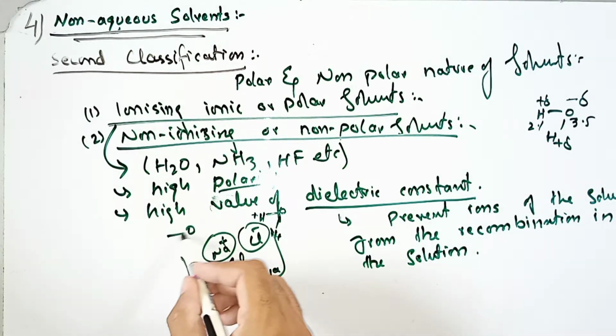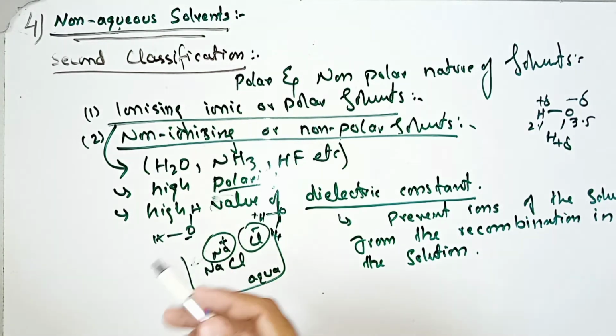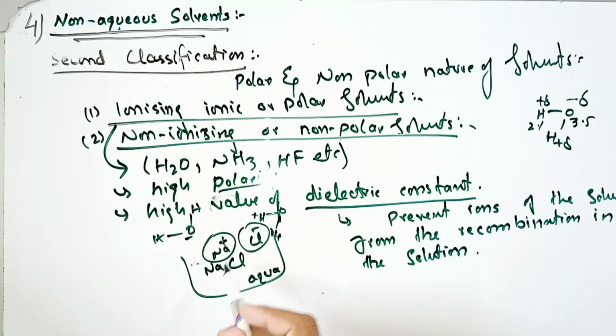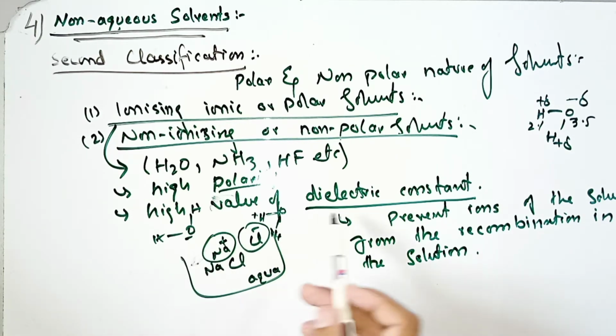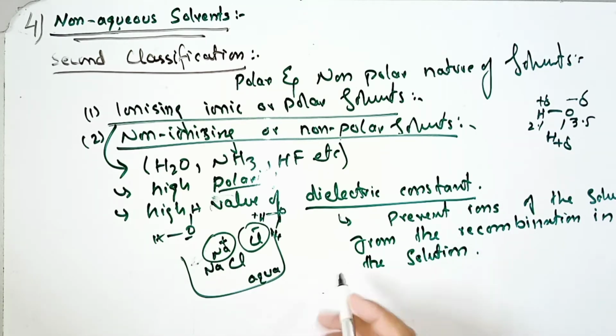Also the negative part of the water will be towards the Na+ charge, so it gets stabilized. Due to this stabilization, this solvation, the solvent prevents the ions of the solute from recombination, so that sodium does not recombine with chlorine. This property of any solvent is called dielectric constant.